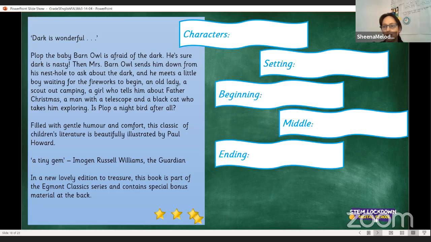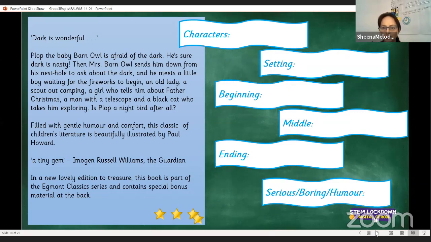So in the beginning, he's scared of the dark. In the middle, he meets all his friends. And in the end, do you think he's scared of the dark? No. Well done, he's not scared of the dark anymore. Very good.